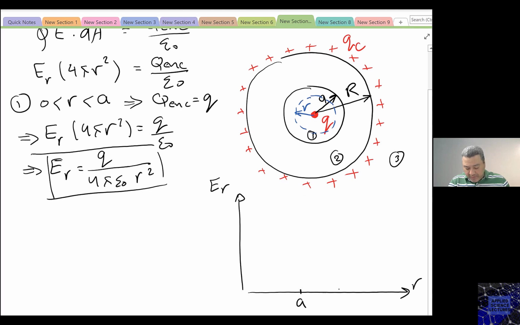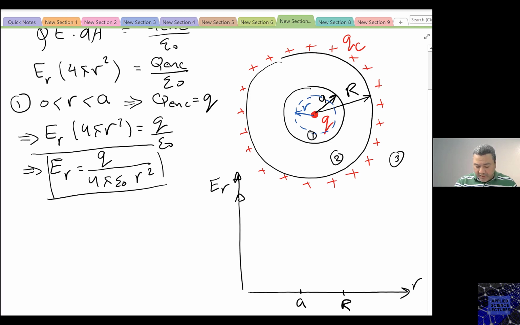Now here, if I am to plot now this region, you can see that once r goes to 0, then theoretically the electric field would be infinity. Theoretically, we will be coming from a very high value of the electric field down to the value of the electric field right at r equals a, which is my first point.